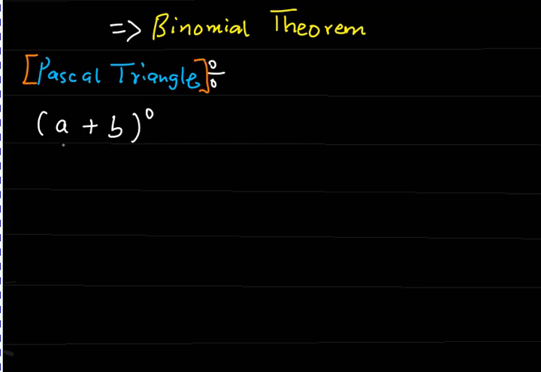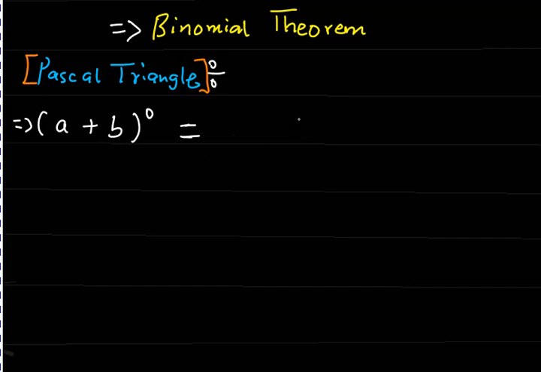So this is a binomial expression, a plus b. We are starting with the power 0, raised to the power of 0. Anytime you expand any expression, or any number, to the power of 0, it will always be 1.